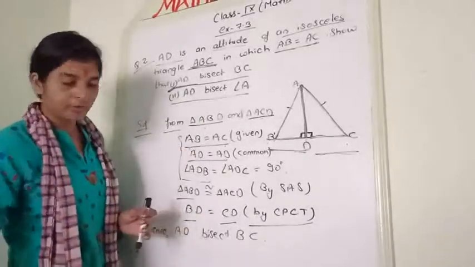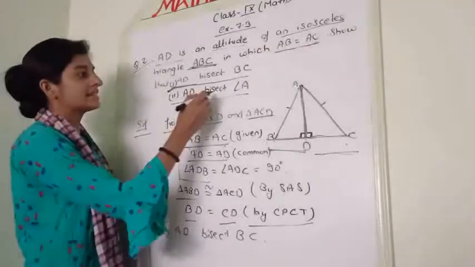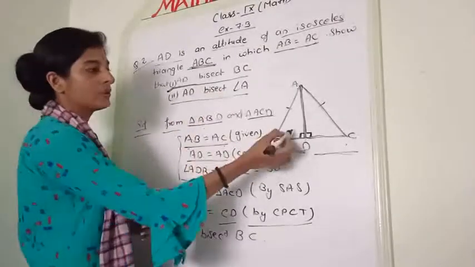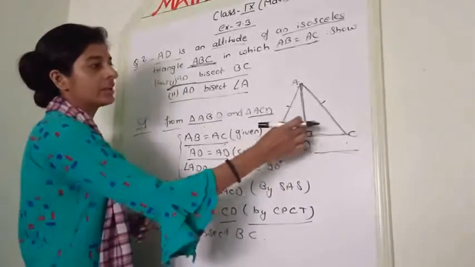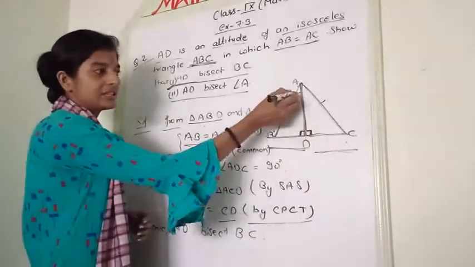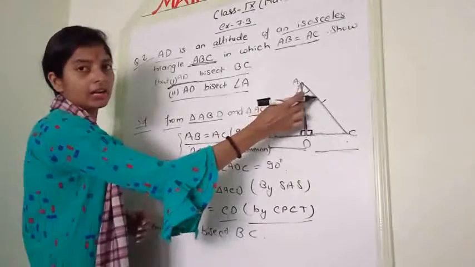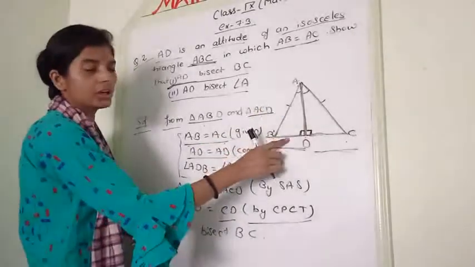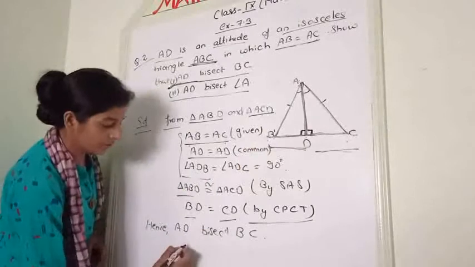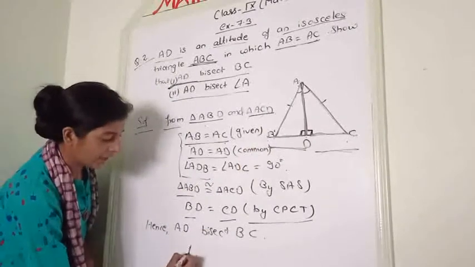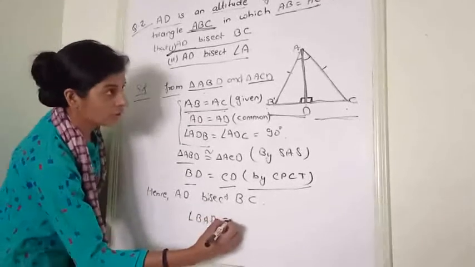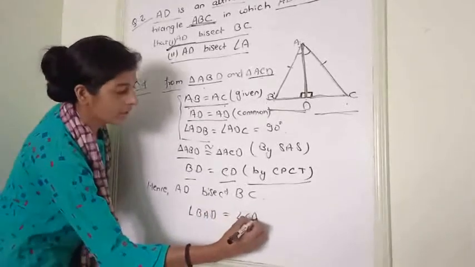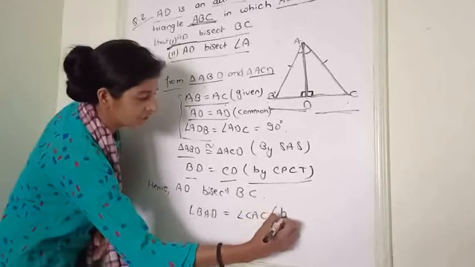Now come to the second part. The second part is: AD bisects angle A. As we have proved that these two triangles are congruent, we can see that these angles are equal according to CPCT. So now we can write angle BAD is equal to angle CAD by CPCT.